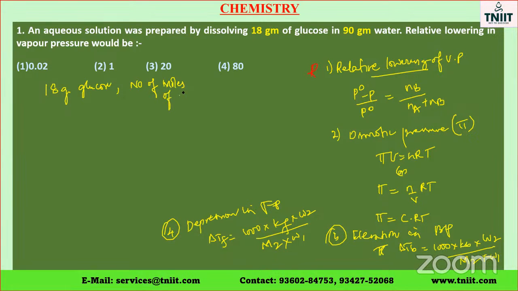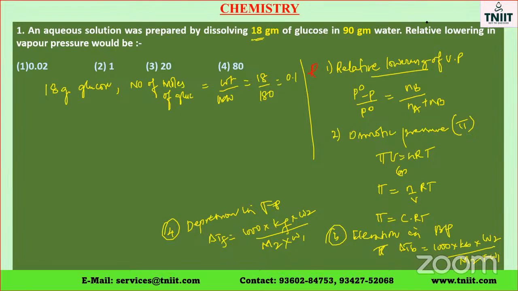Number of moles of glucose is weight in grams divided by molecular mass. The weight of glucose is 18 grams. The molecular mass of glucose is 180; you should remember this. C6H12O6 is the molecular formula. Therefore, the answer will be 0.1 mole.